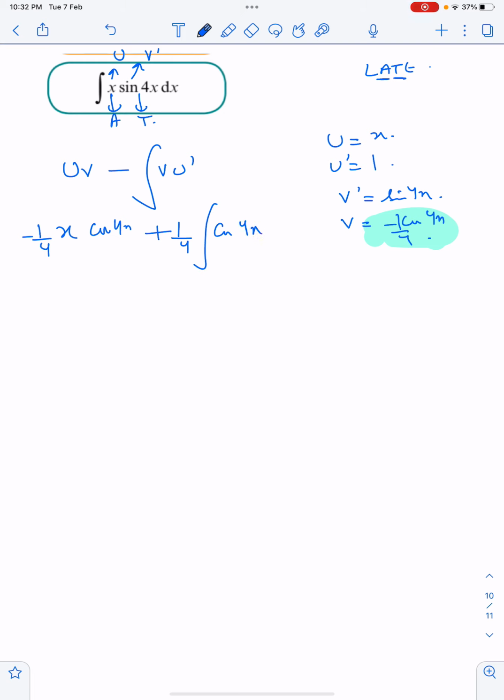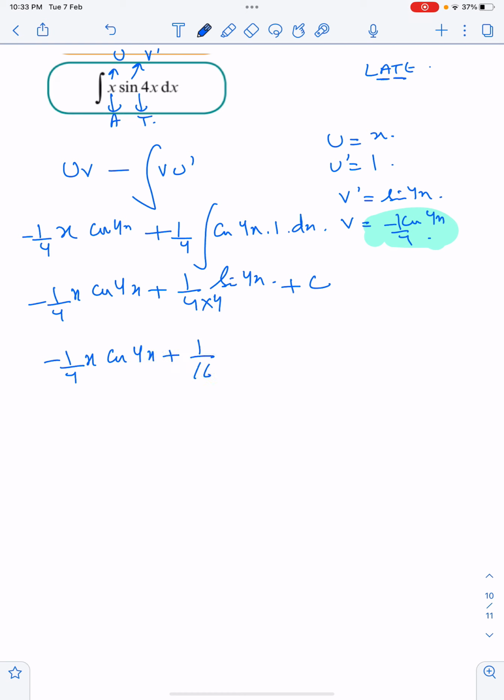I've taken the constant outside, and u dash is 1, dx. Okay, minus 1 upon 4 x cos 4x plus 1 upon 4. Integration of cos is sin 4x divided by 4 plus c. So the answer is minus 1 upon 4 x cos 4x plus 1 upon 16 sin 4x plus c. This is the final answer.